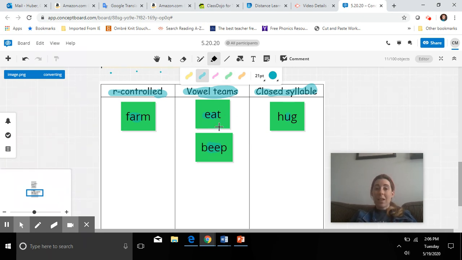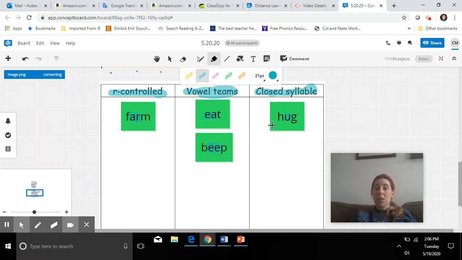It either has a vowel team, two vowels that make one sound, or it is a closed syllable word where the vowel sound is like we practice all throughout first grade, like u, up, i, itch, it. That's called a short vowel sound.